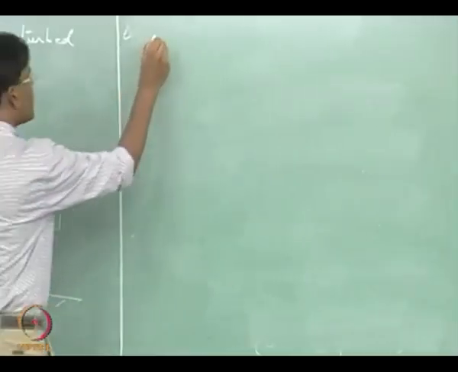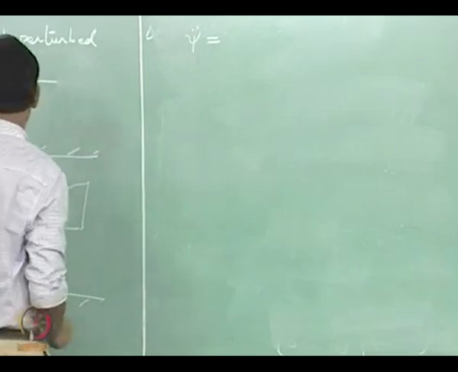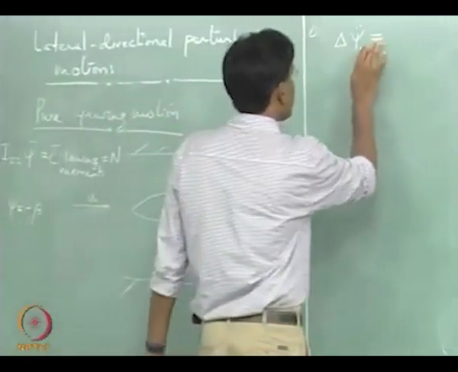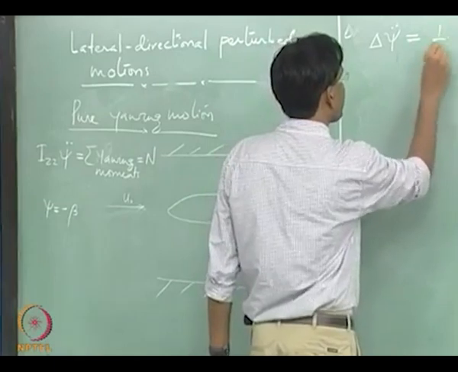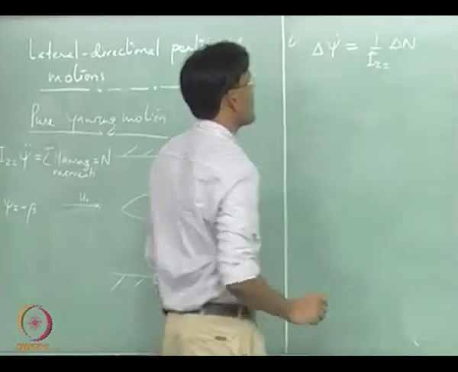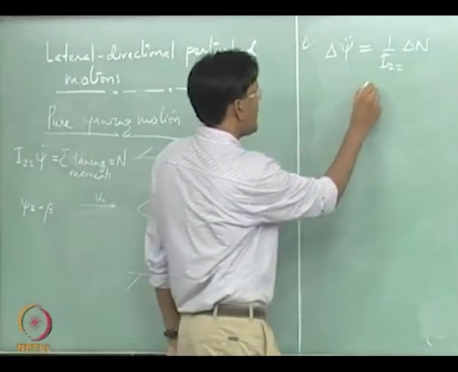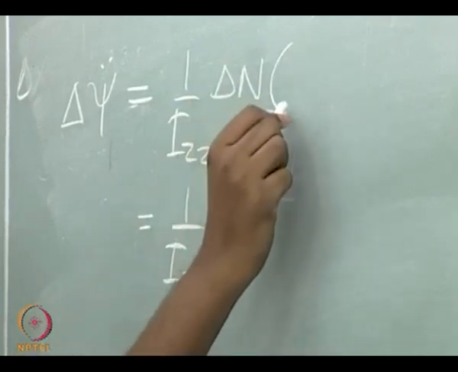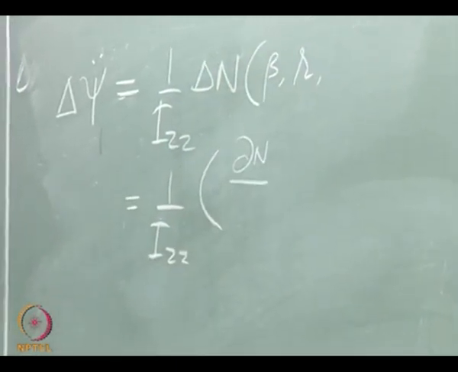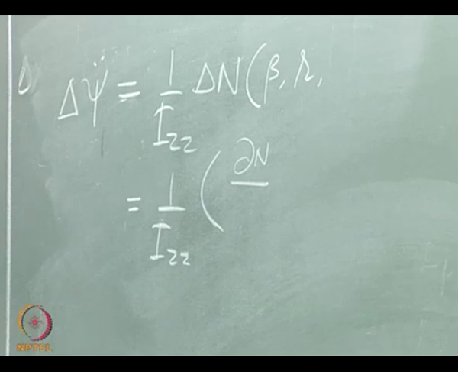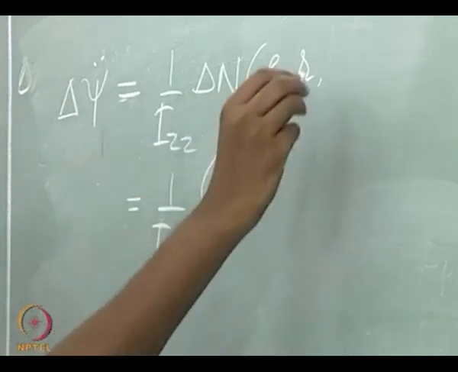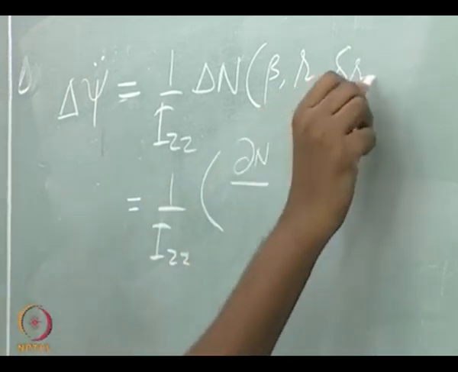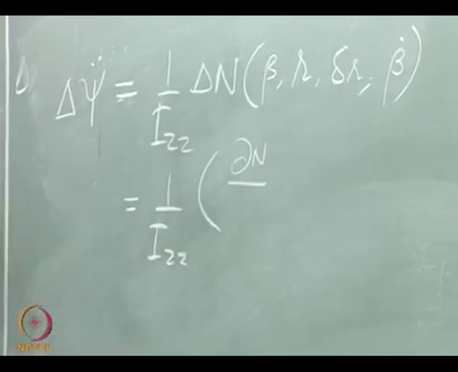Let us try to expand this. This is going to be a function of beta, r, so in general roll rate also, but here the motion is constrained, so we will not consider the roll rate, beta, r and delta r, and if there is some contribution coming from beta dot, then we have to include that also.